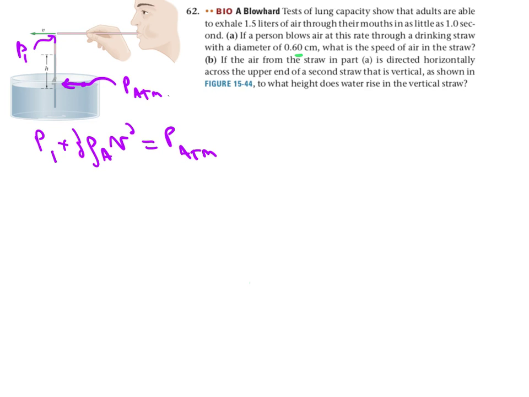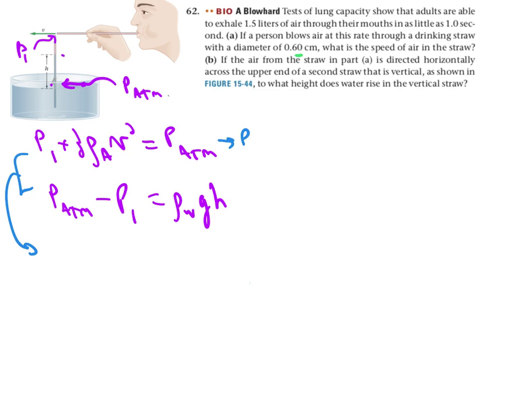But we also know that the difference here, that P at the bottom of a column of water minus P at the top of the column of water has to equal rho of the water times g h. And combining these two things, we have that P atmosphere minus P1 is 1/2 rho air V squared.